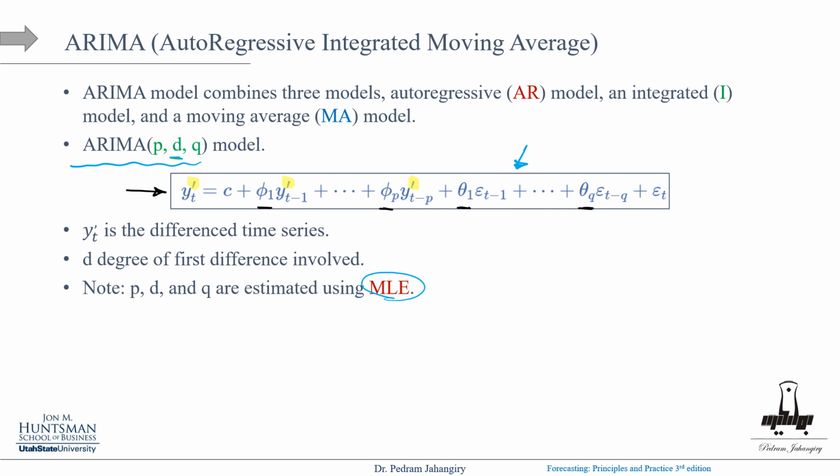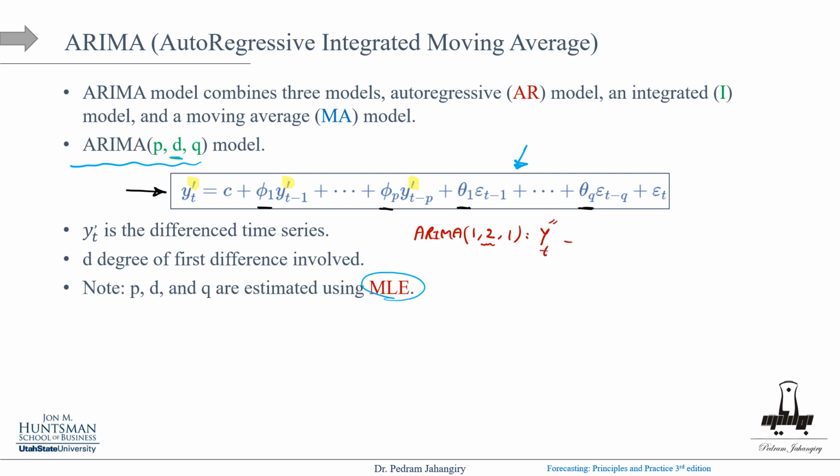Now let me give you another exercise. Pause the video and write down a model for ARIMA(1, 2, 1). Hopefully you're getting something like this. Because I have double differencing, I can use double prime here.